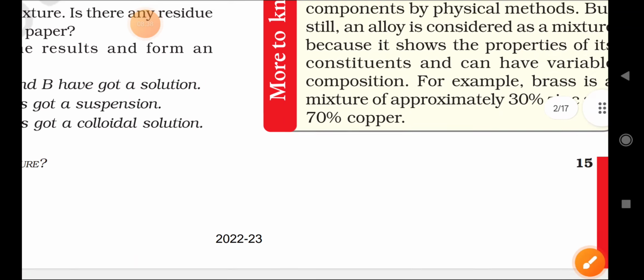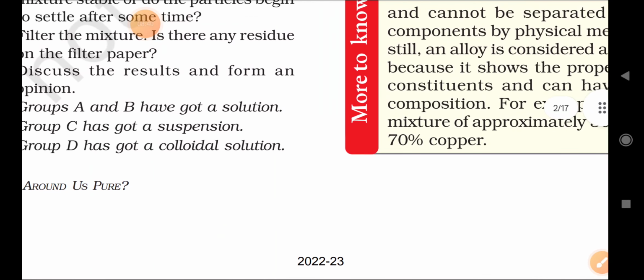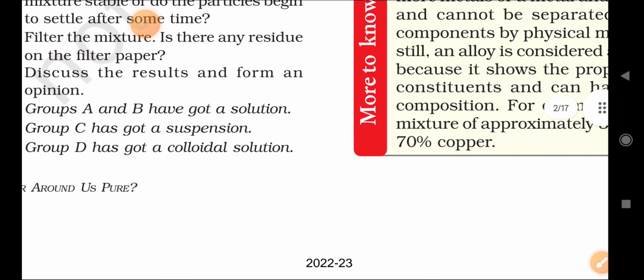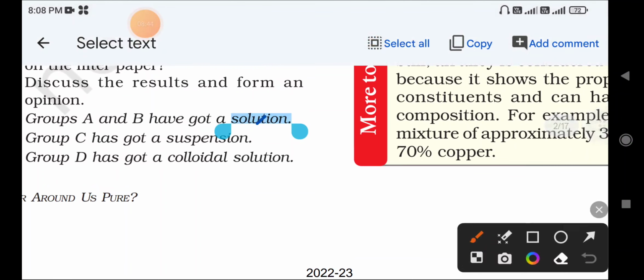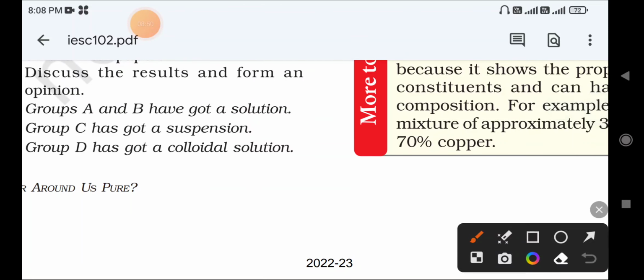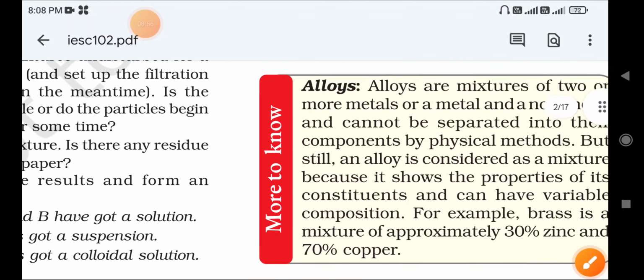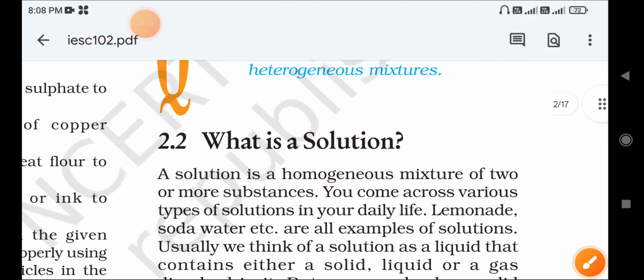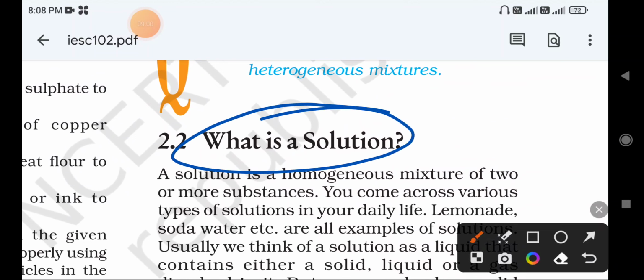There are three types, and you have to study them one by one. In the next videos we will cover solutions, right?